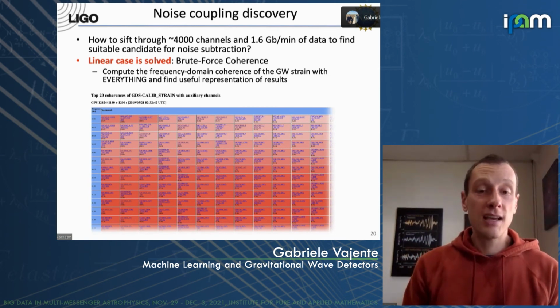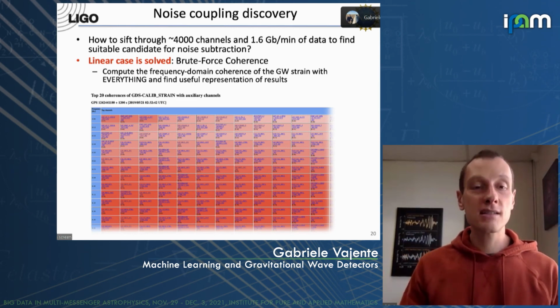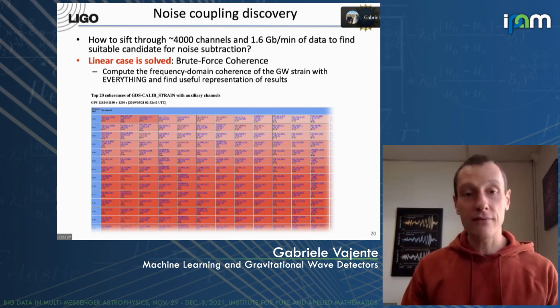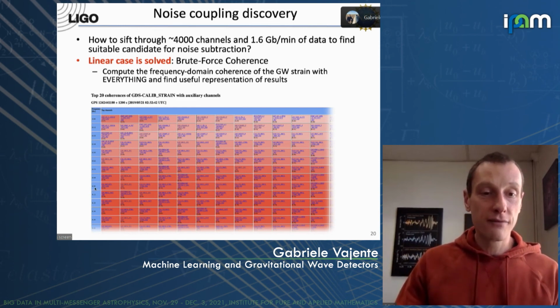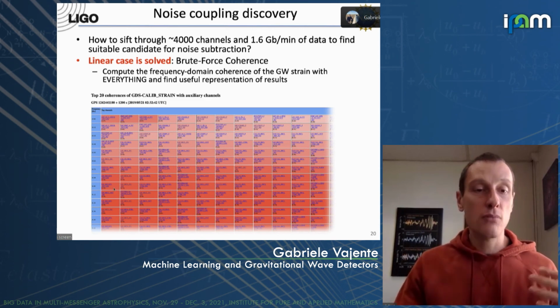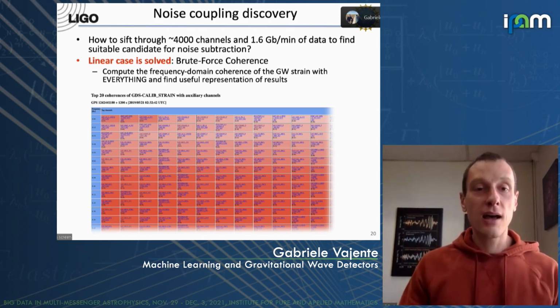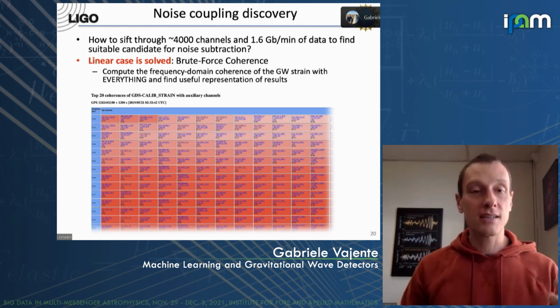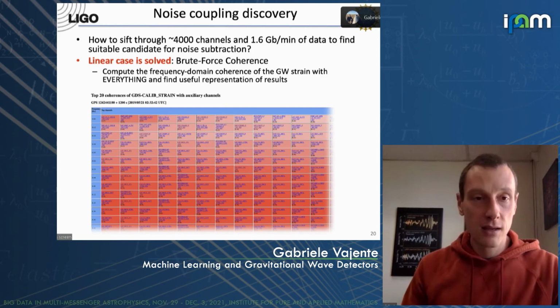So the approach here is just to take some time of data and compute the coherence of the gravitational wave strain with everything. Then you can produce tables like this that, for every single frequency, give you a list of which auxiliary channels are the most coherent with the gravitational wave strain at that frequency. And then you go from having 4,000 channels to only a few of them, and you can start doing some attempts at noise subtraction.